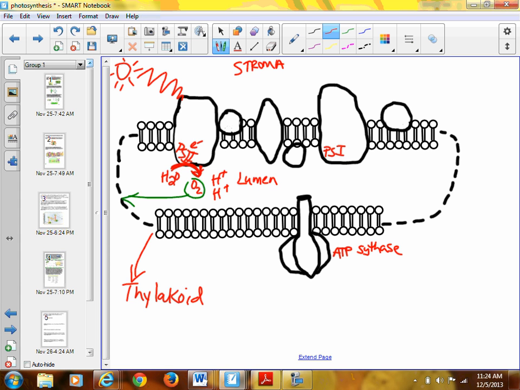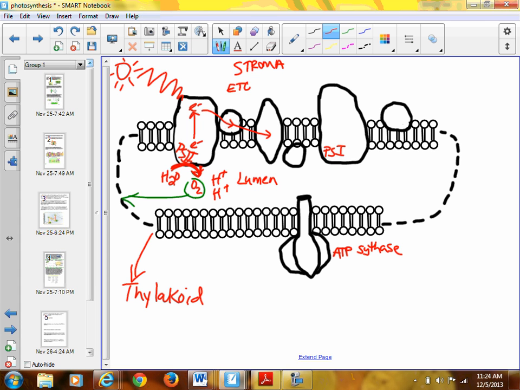So once we've excited this electron, it gets to a higher energy and gets passed off then. And we call this the electron transport chain, ETC, the electron transport chain. So this electron gets passed on.